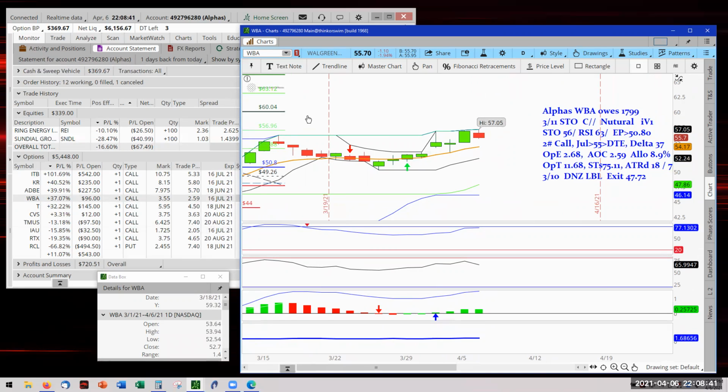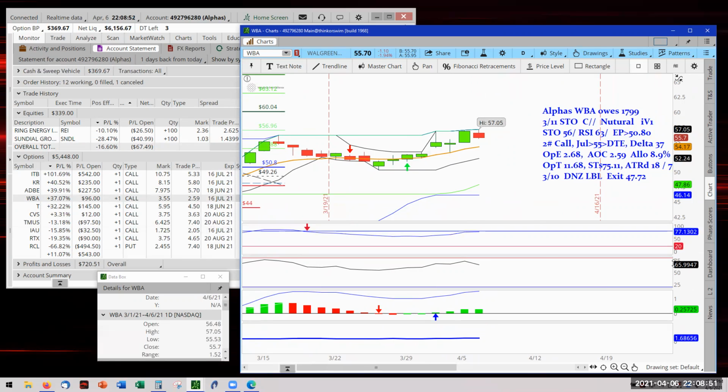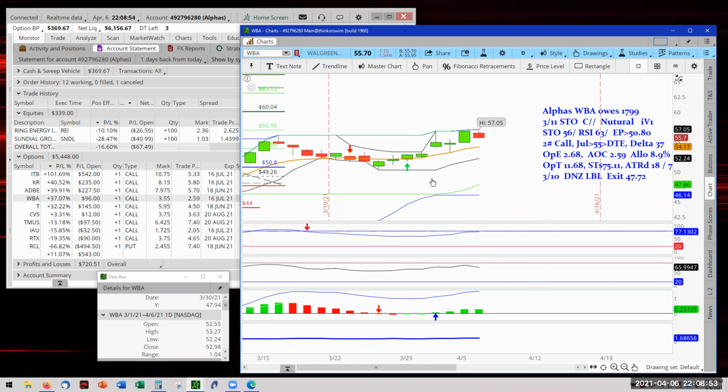I did say this one was about 2 to 3 days away, and it's looking like it's in the right direction. Even though we had a red candle here, we're still in good territory with the indicators. There might be a little bit of rest after battle, and then it continues on up. We have nice indication in that direction.